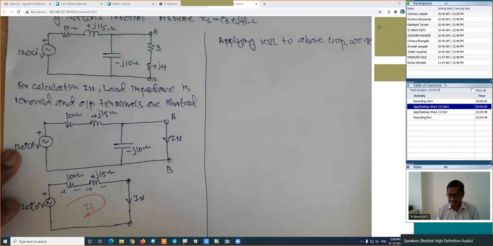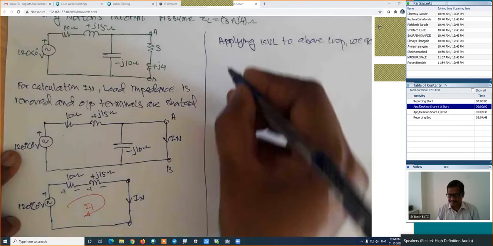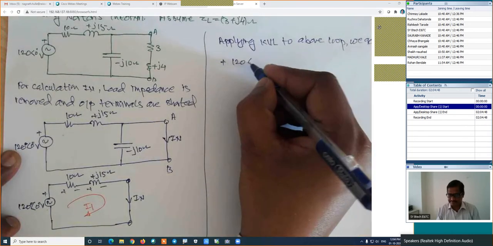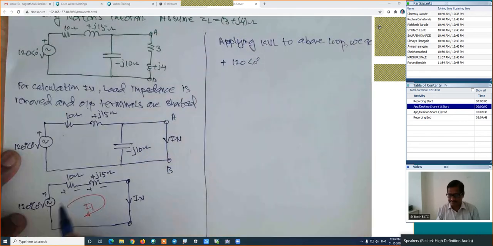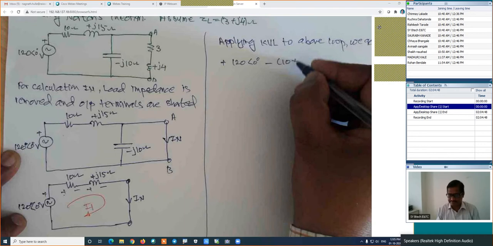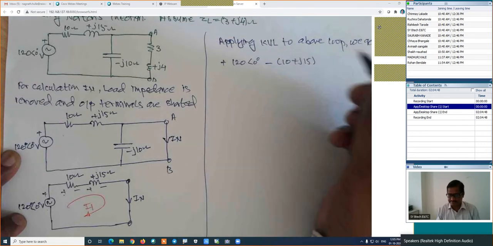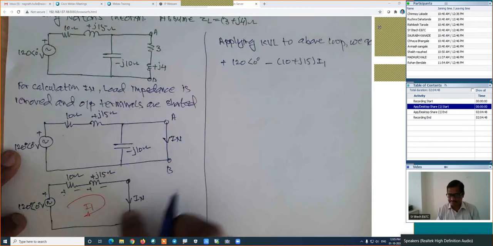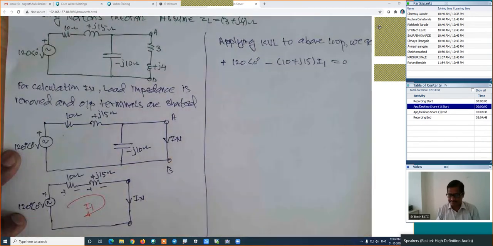Here we are traveling clockwise, negative to positive, plus 120 angle 0 degree. Then positive to negative is a minus, impedance 10 plus J15 into its current I1, and after that there is no element, which is equal to 0.